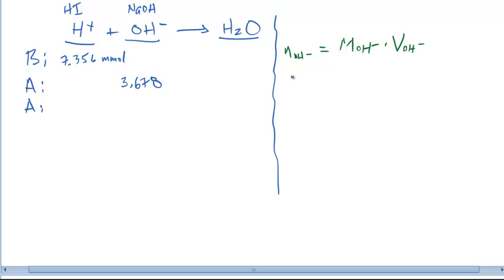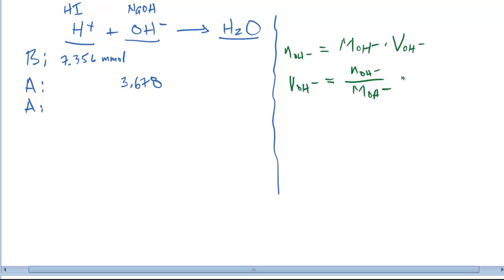Given the molarity of the solution, and given that we want to deliver half, this many millimoles, to neutralize half of this H plus, we can calculate the volume required by simply solving for volume. So the volume of hydroxide is equal to moles OH minus divided by molarity OH minus.